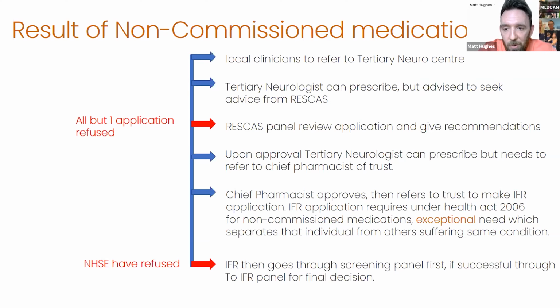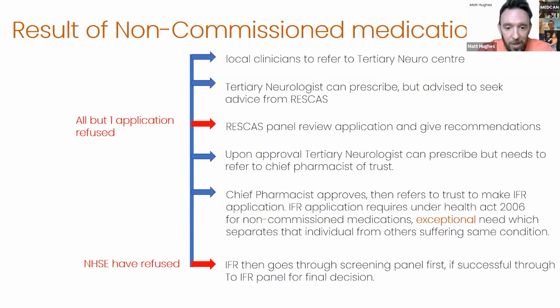Upon approval, that neurologist can prescribe, but they have to refer to the chief pharmacist of that particular trust. The chief pharmacist will then run that past the trust, make their approval, and then because it's a non-commissioned medicine, an independent funding request is required. That IFR requires that individual to show exceptional reason, to make them different from everyone else, as to why they can access the medicine and be funded by NHS England.